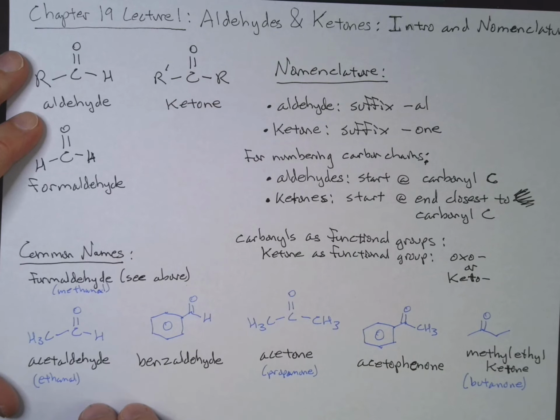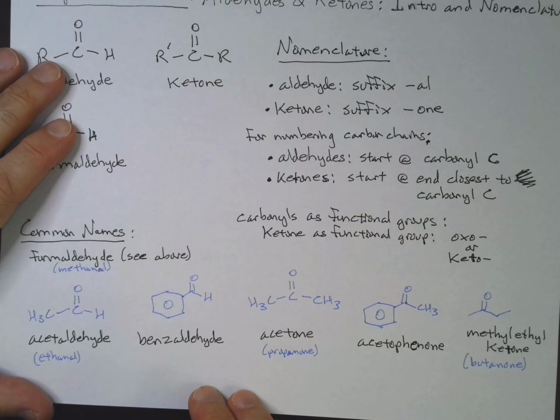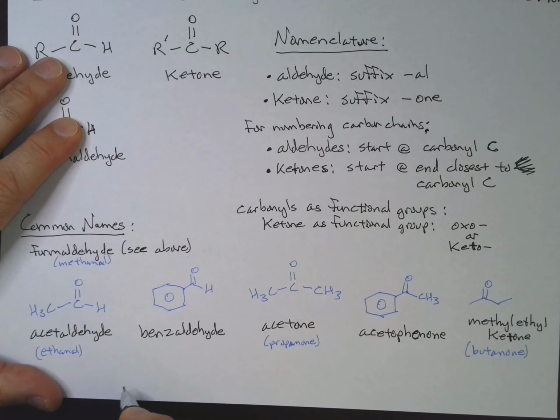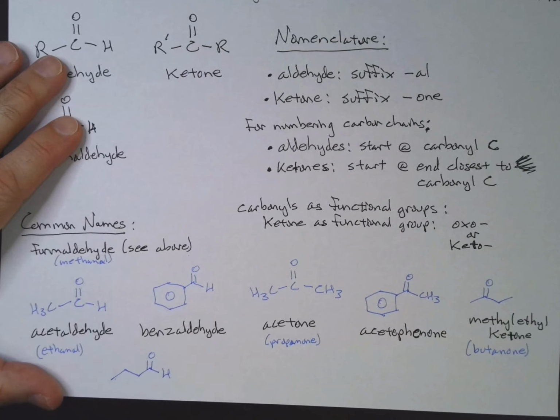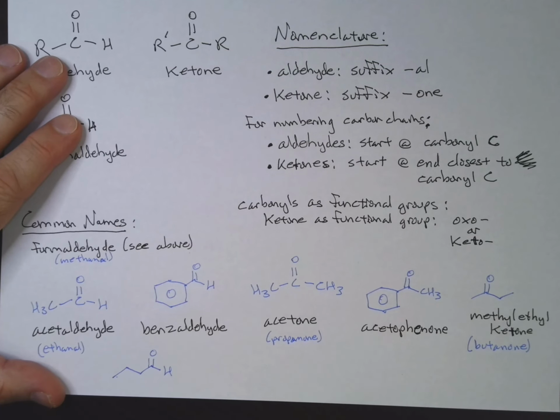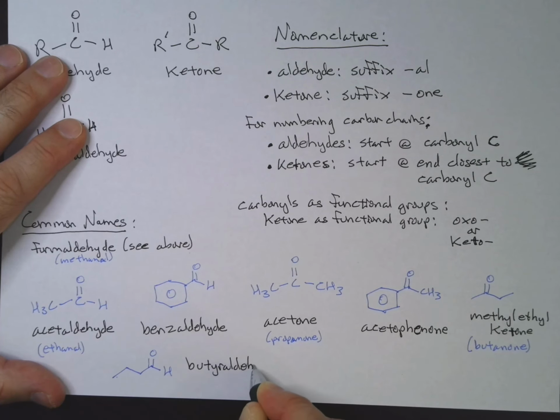So if I had, let's say, a 4-carbon chain, 1, 2, 3, 4, this used to be called butyraldehyde. But the IUPAC name is butanal.